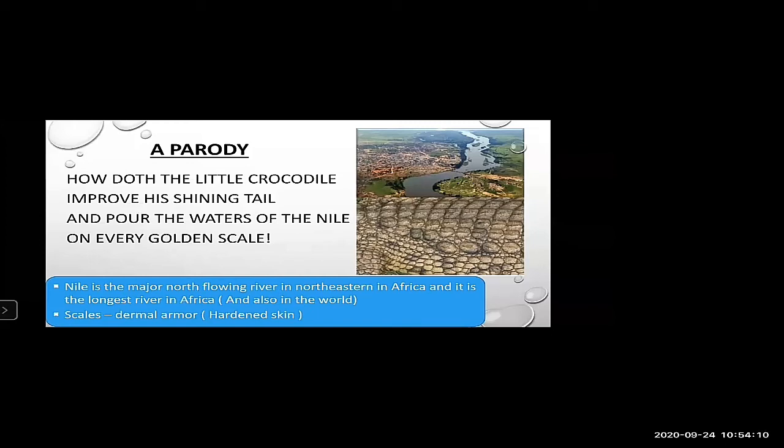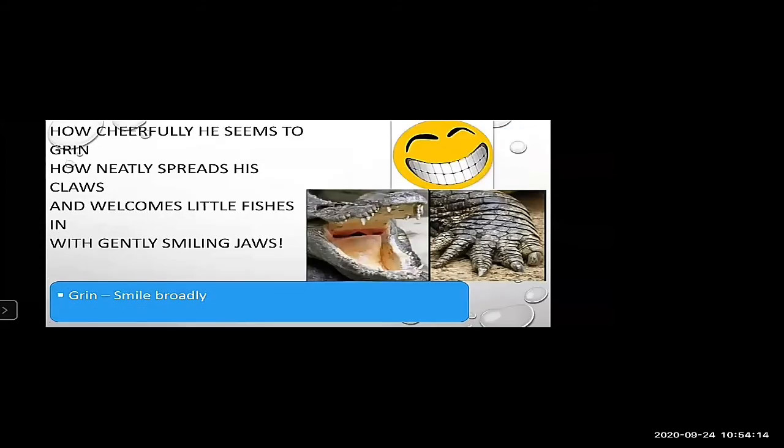Let's see the next paragraph. How cheerfully he seems to grin, how neatly spreads his claws. Now the crocodile is very cheerful. Cheerful means very happy.